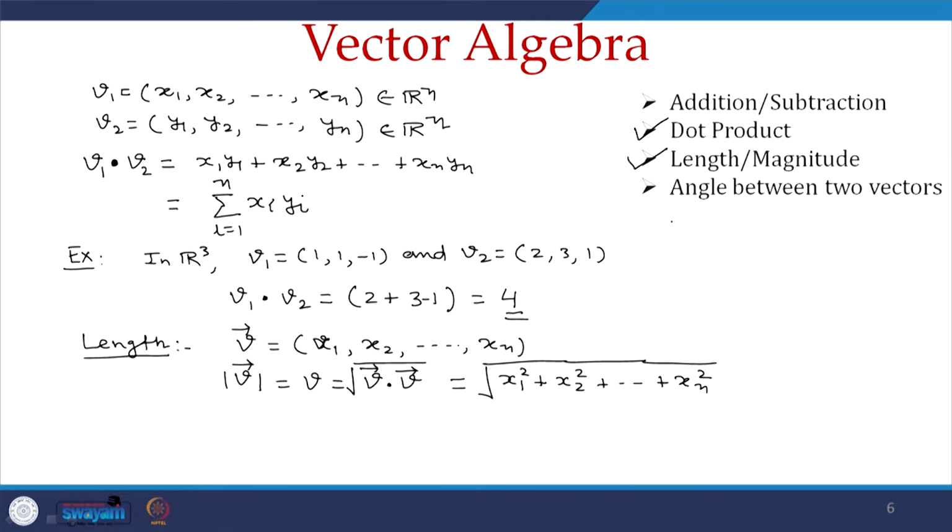So, for example, you take v equals to (1, minus 1, 2), then length of this vector v will become square root of 1 square plus minus 1 square plus 2 square.